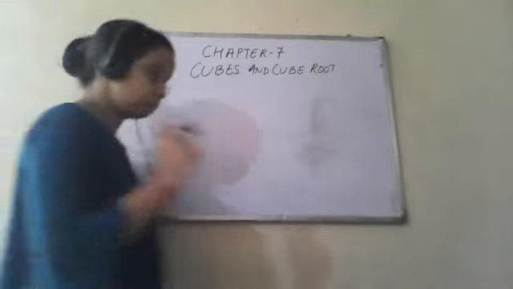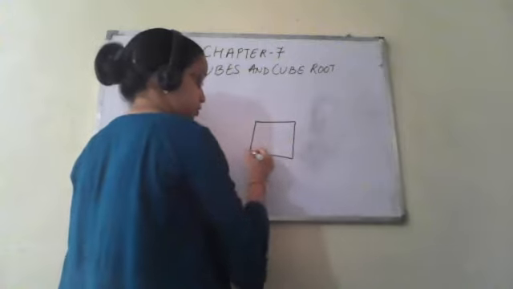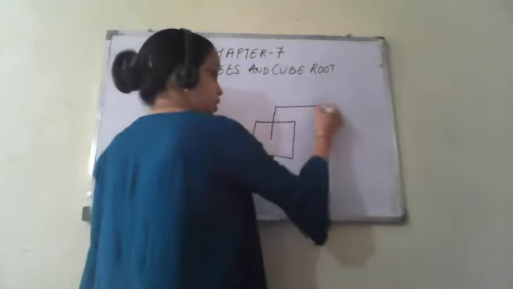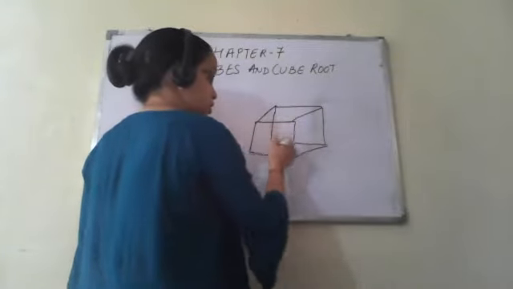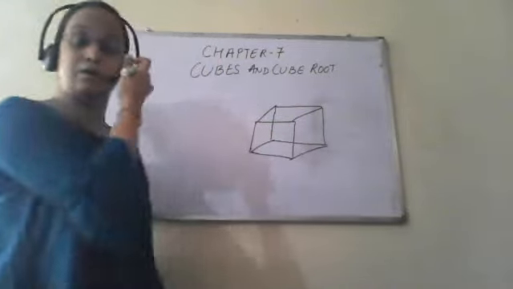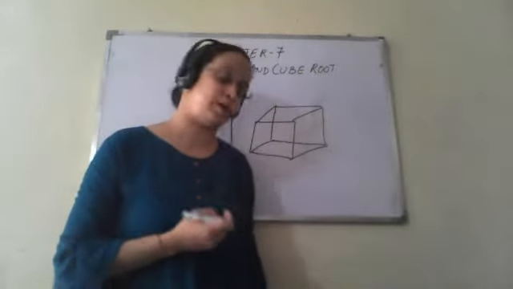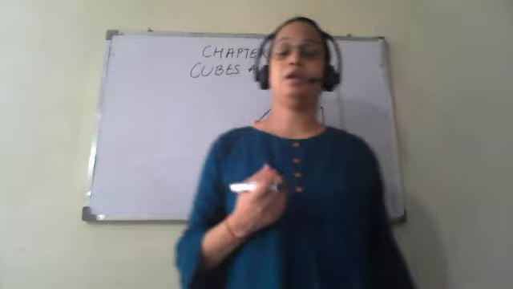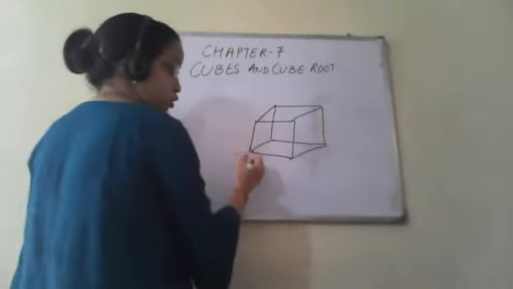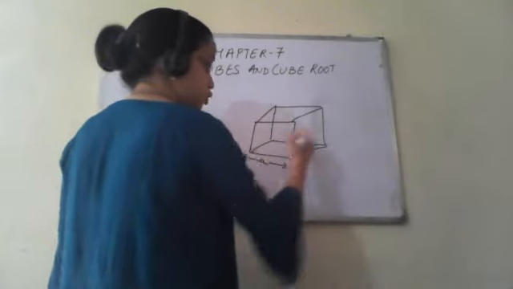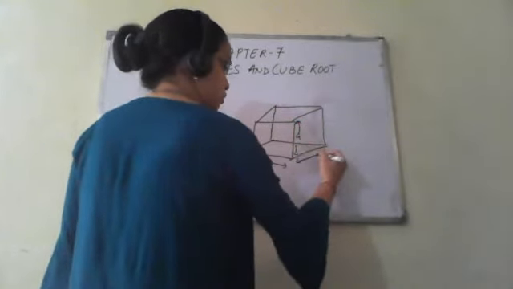Before that, one example, suppose we have a cube. In case of squares, I gave the example of a square whose area was side into side, or side square. So in a cube, what happens? You all know every side of a cube is the same.